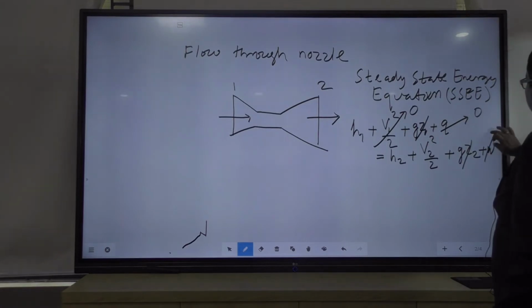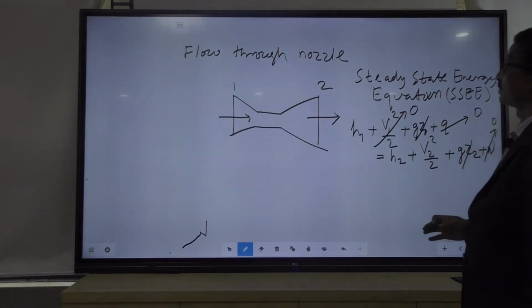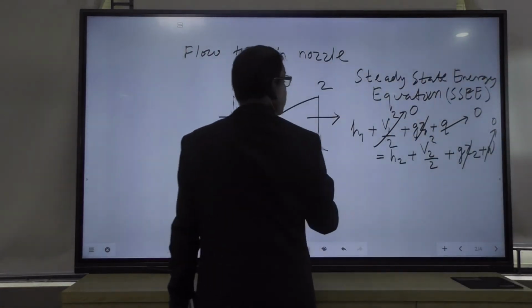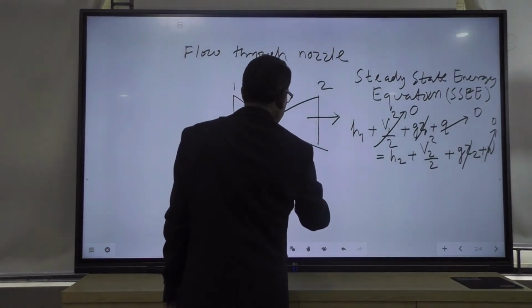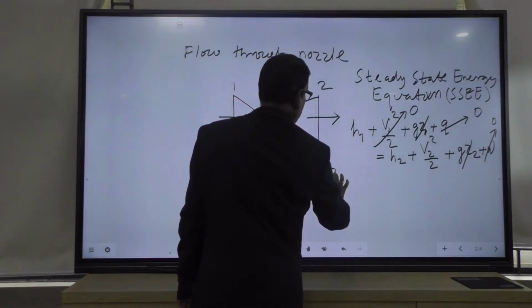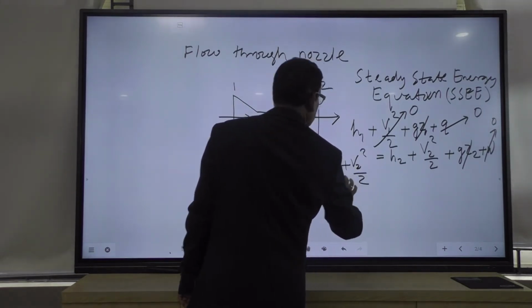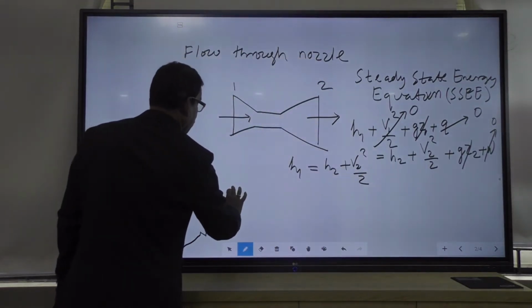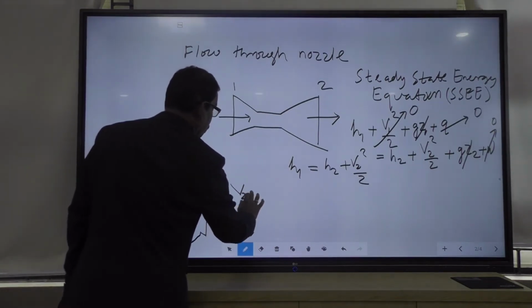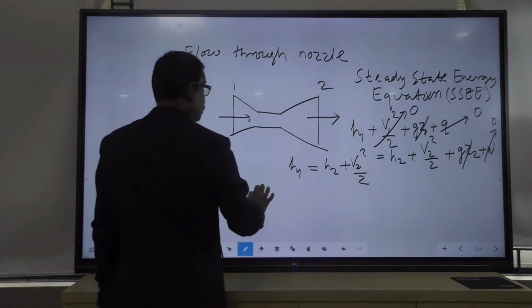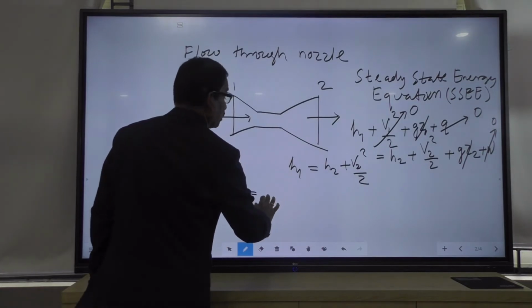Work is also 0, no work transfer in the nozzle. So, what happens in the nozzle? Now, H1 is equal to H2 plus V2 square by 2. This output velocity of the nozzle is the inlet velocity to the moving blade or turbine.